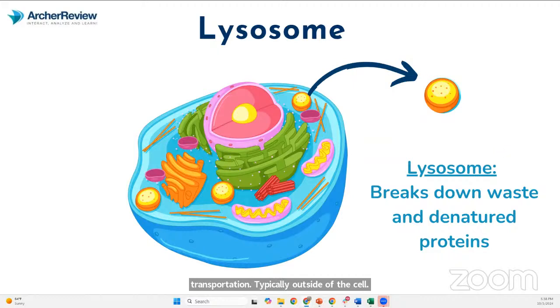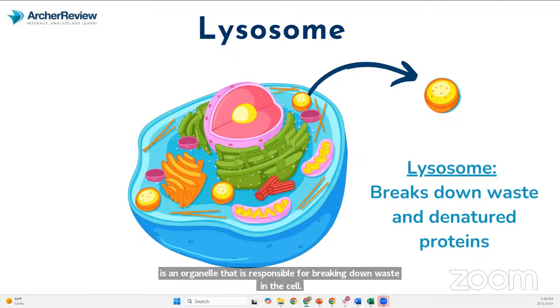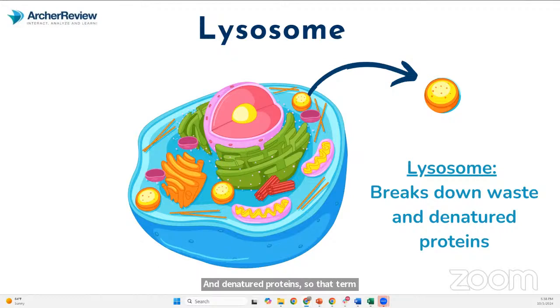Our next one that we are going to focus on is the lysosome. A lysosome is an organelle that is responsible for breaking down waste in the cell and denatured proteins. That term, denatured protein, you might be thinking, what's that? An example would be the enzyme that we talked about earlier.